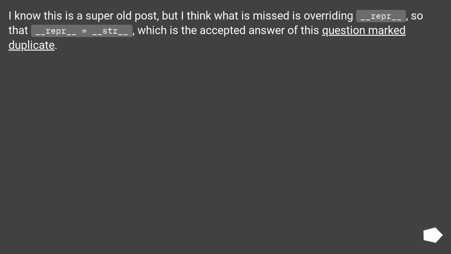I know this is a super old post, but I think what is missed is overriding __repr__, so that __repr__ equals __str__, which is the accepted answer of this question's duplicate.